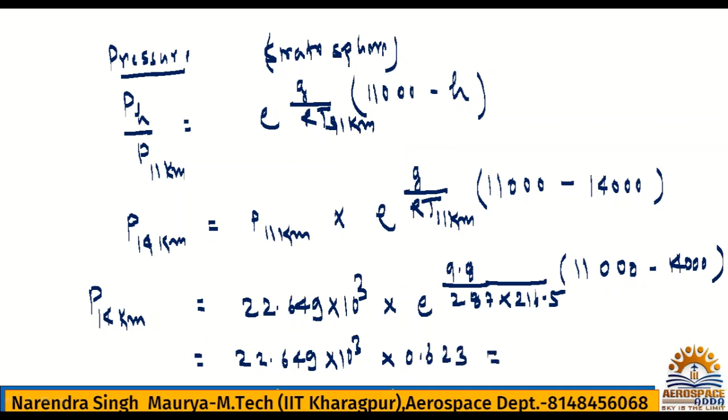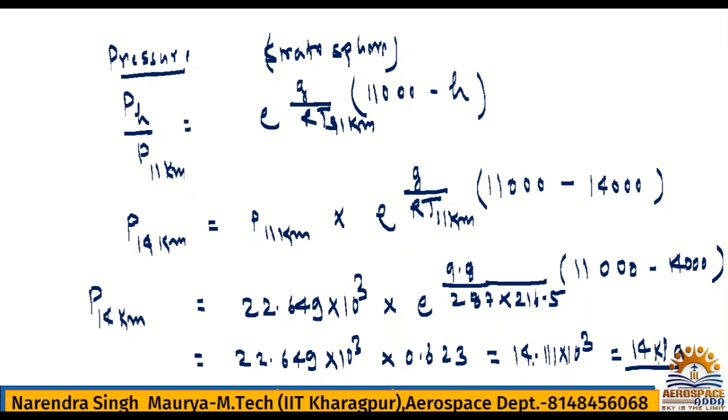If you calculate that, you will get 14.111 times 10 to the power 3, that is 14 kPa, or 14.1 kPa.